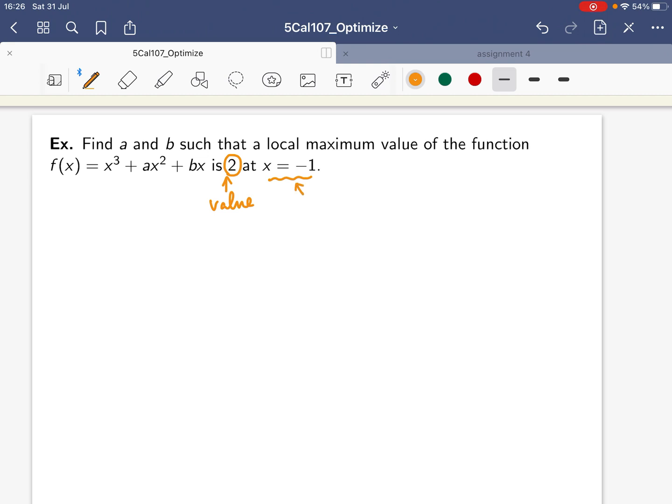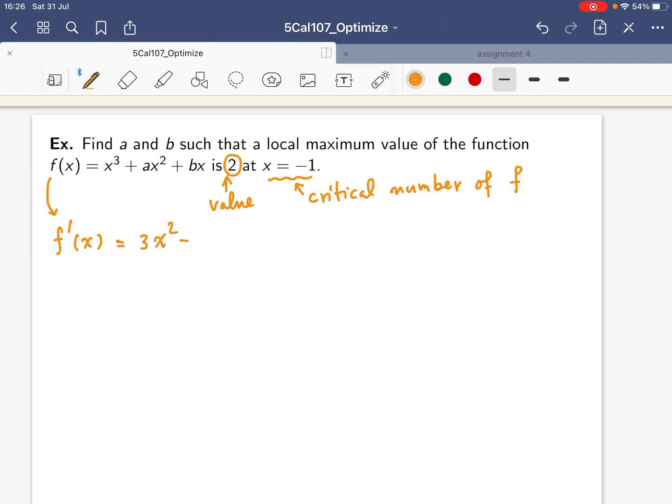So it means that this is actually one of the critical numbers of your function f. So how can you find the critical number? It must be the point where your f prime either equals 0 or does not exist.